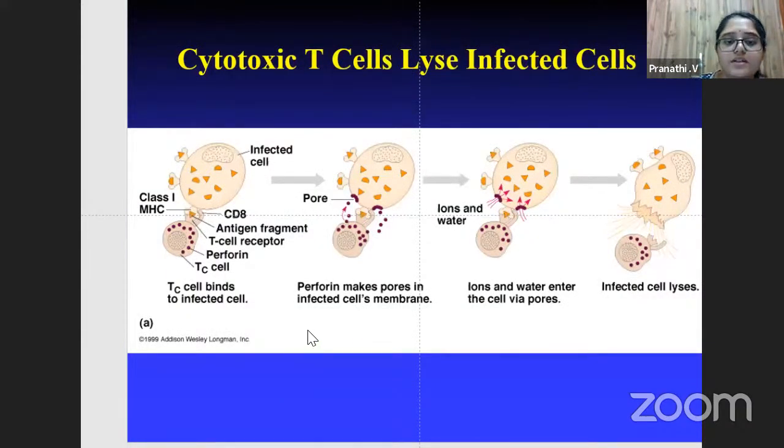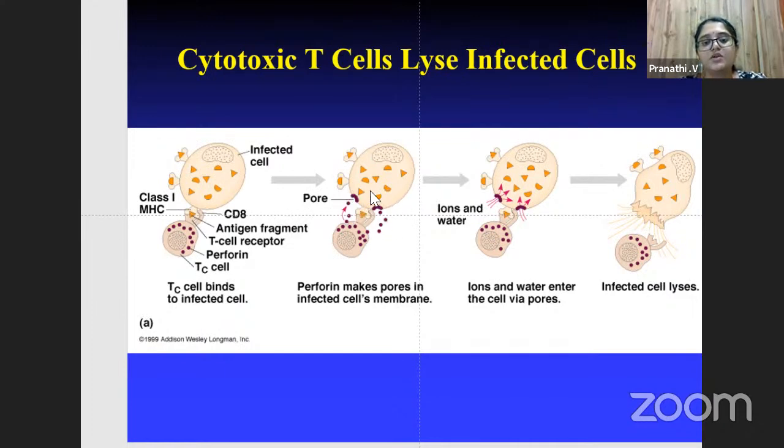Now, this is how it is going to take place. We have an MHC class 2 molecule over here, and this is the T cytotoxic cell. This is the antigen fragment. You have perforins that are present, which are going to be released. The infected cell, whatever infection is there, bacterial or viral, is going to be attached to the TC cells through the MHC class 1 molecules.